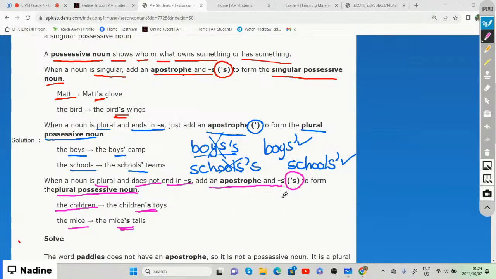Then we have singular possessive nouns, and then we also have plural possessive nouns. So we just need to know where to put the apostrophe and S or just put the apostrophe.